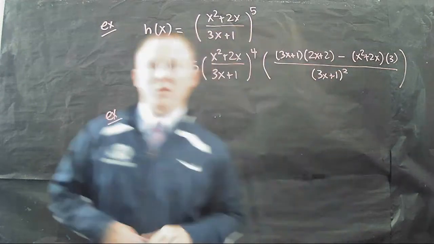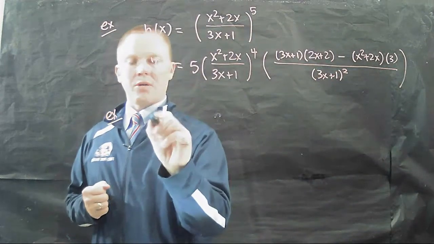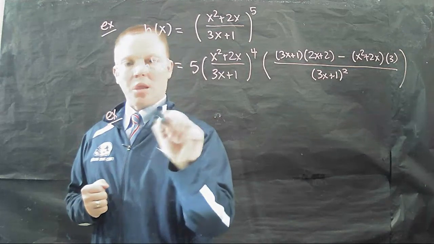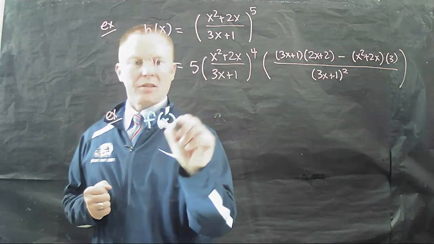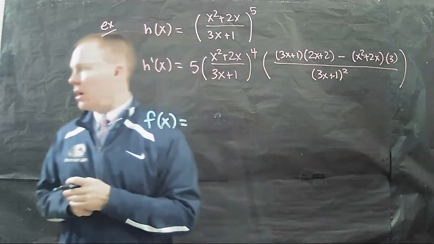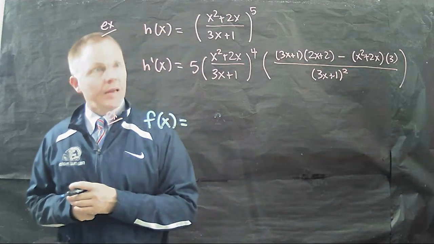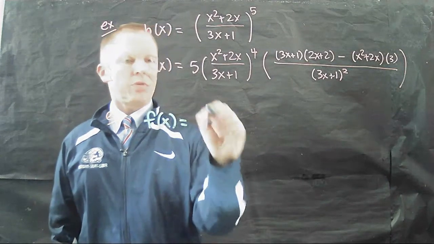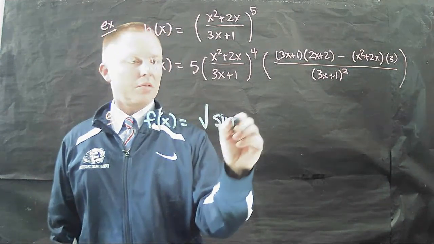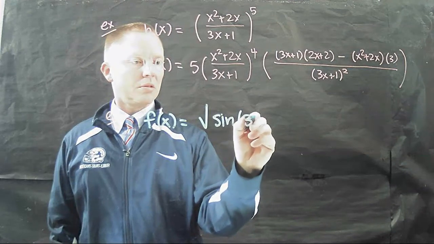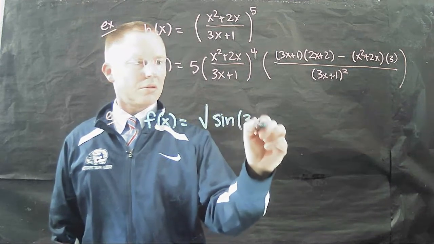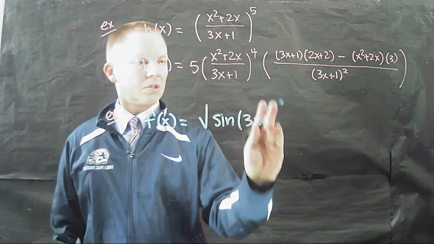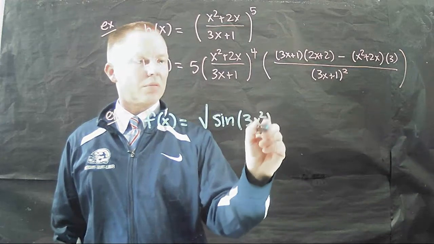Let's use a fat marker this time. How about f of x is, how about you guys try this one? Square root of, let's just do square root of sine of 3x squared.